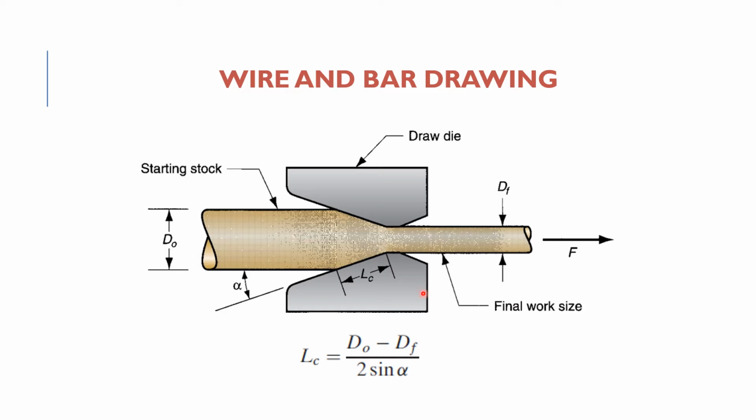There is also another component, Lc, which is the contact length between the die and the workpiece. This is calculated using Lc equal to D naught minus D final over 2 sine alpha.